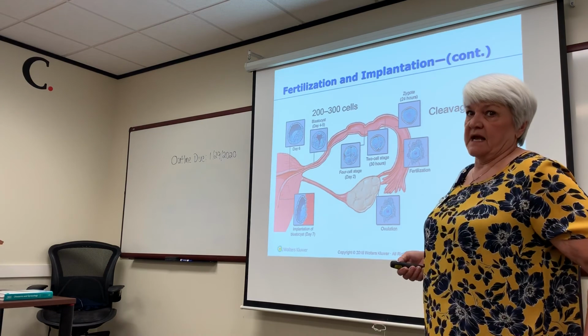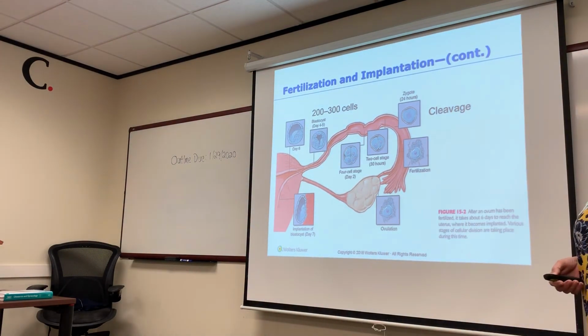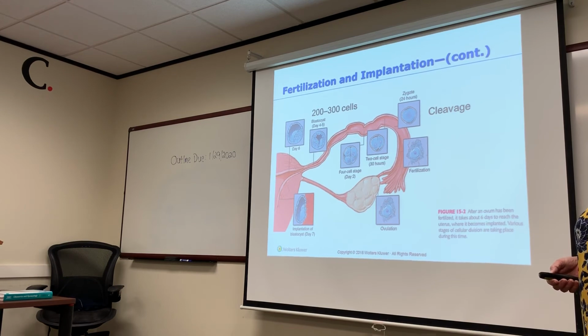Anytime you hear the word decidua, it refers to the endometrium. Anytime you hear chorion, you're referring to the baby.